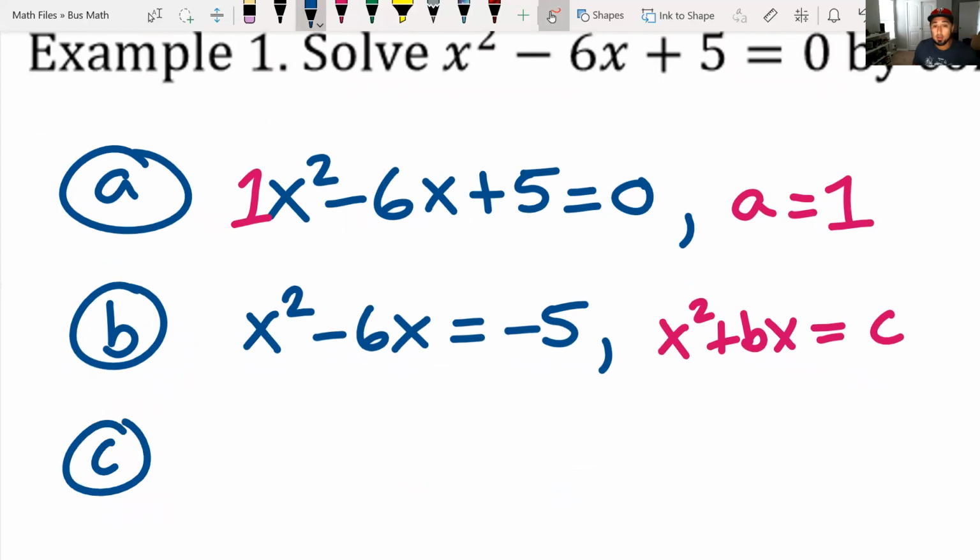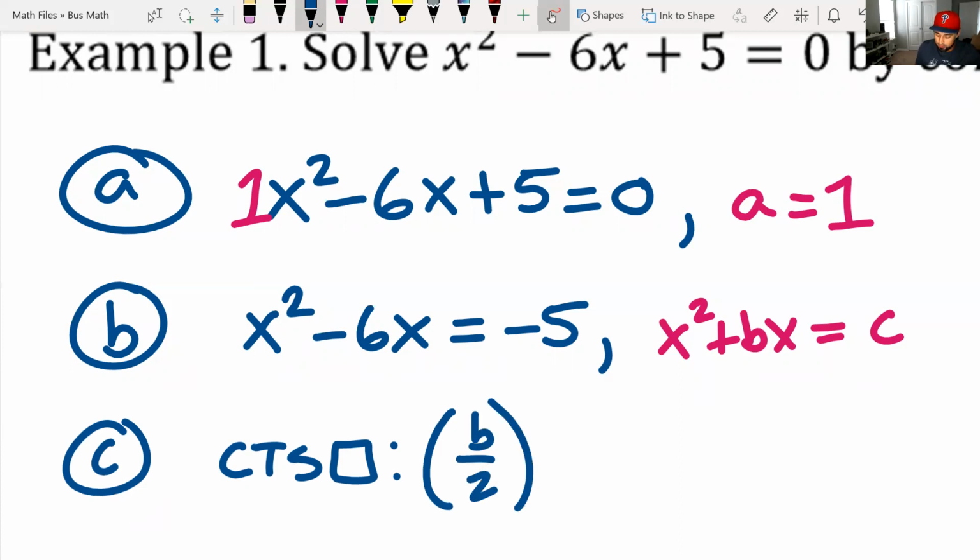C, we are going to take half of the middle term's coefficient. So I'm going to say CTS, complete the square. We're going to say b over 2 squared, and negative 6 is our b value.